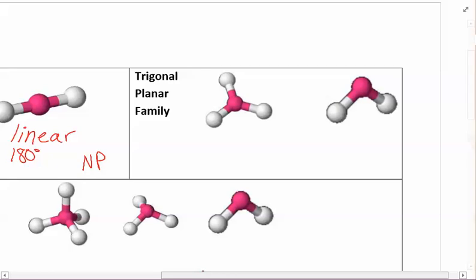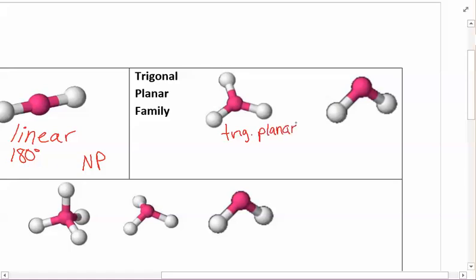The next shape we have is trigonal planar. One thing to point out here is that the central atom is this pinkish red color, and the other atoms are symbolized by the white color. So these are both members of the trigonal planar family. The first one we have is trigonal planar.